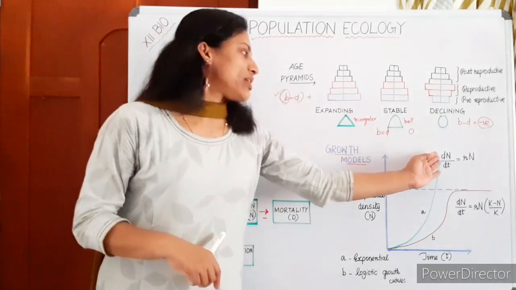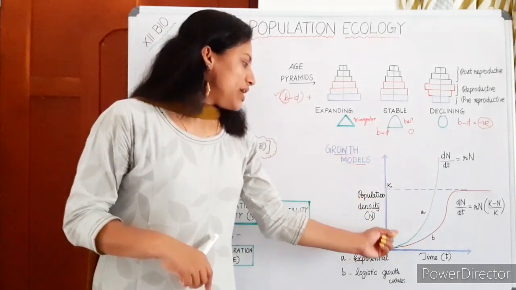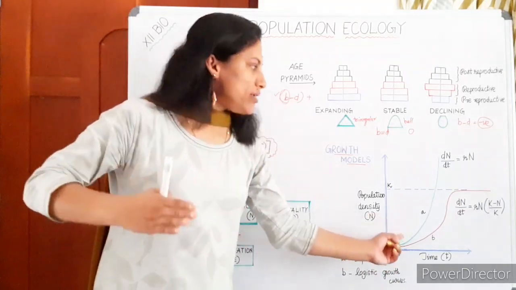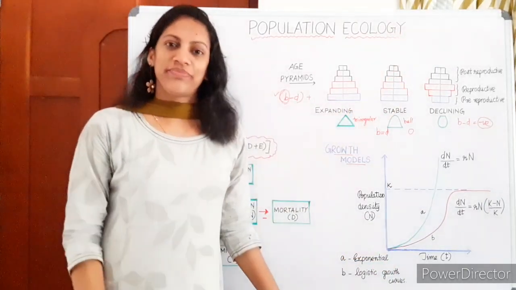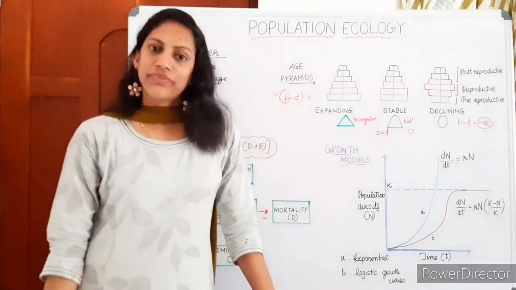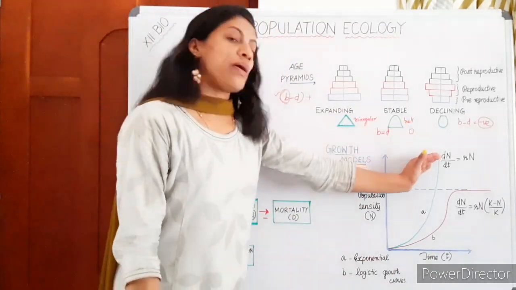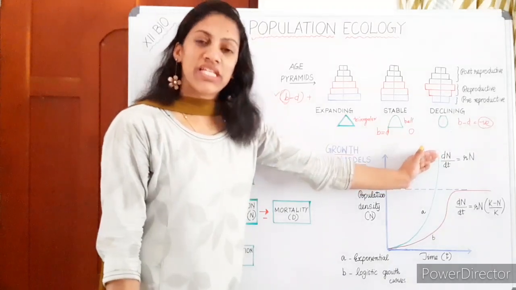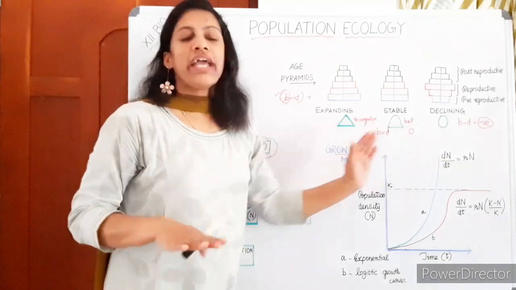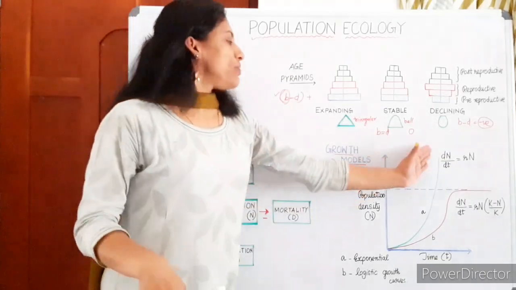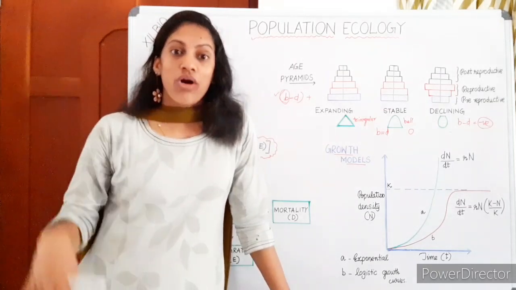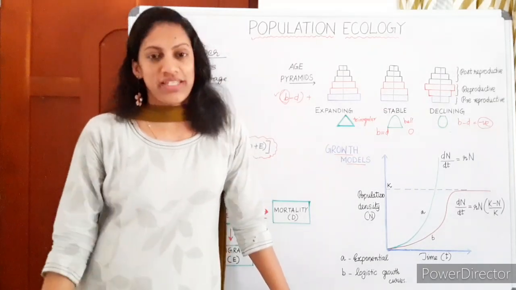Such a growth curve is J-shaped: initially small growth, then a sudden rise, and the organisms suddenly die after the lifespan. So this is represented as a J-shaped curve, and it is exponential growth. In the exponential phase the organisms are in the log phase, the logarithmic growth phase.